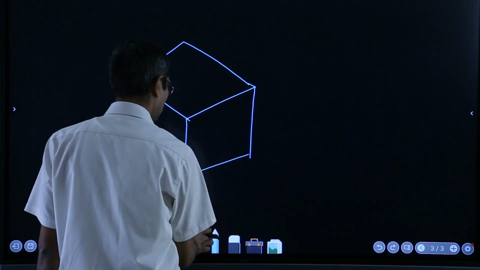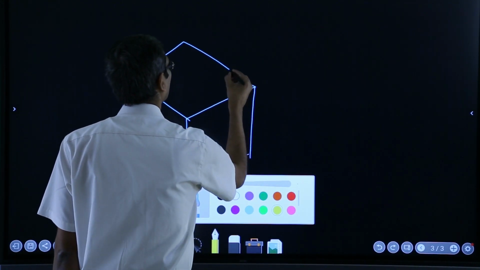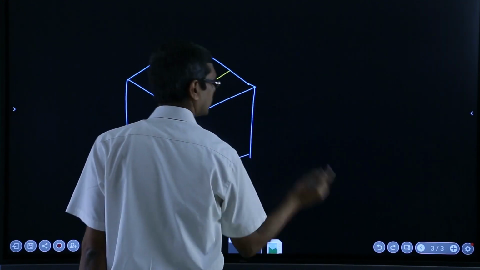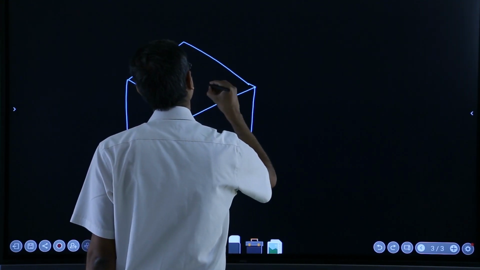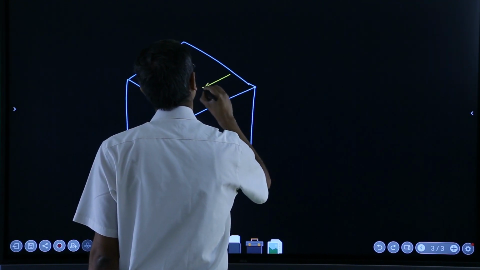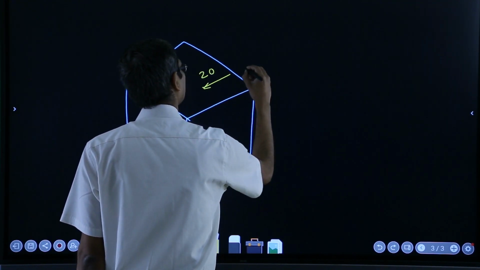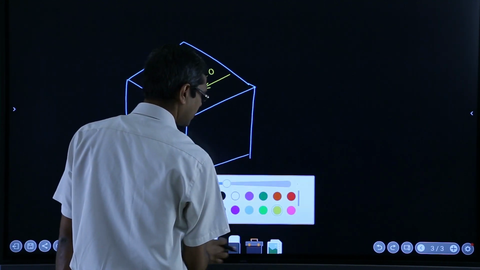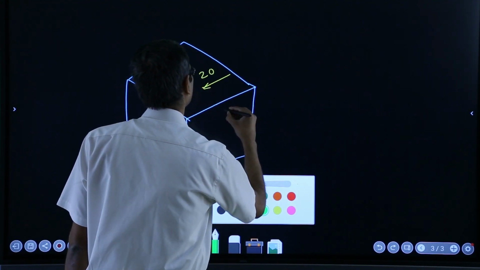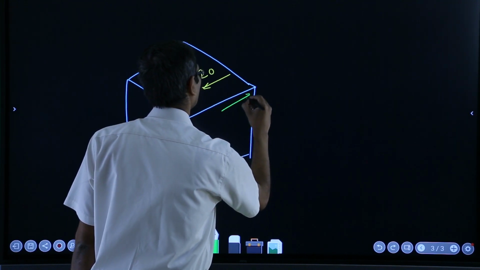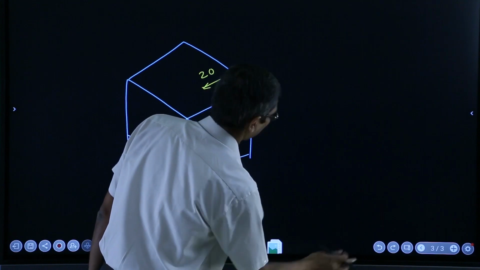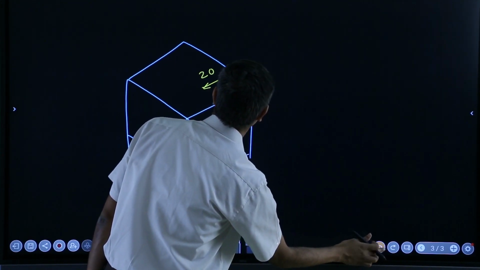So I'll draw this yellow one at a distance of, bad drawing, 20 Newton at a distance of 5 units, and a green one in this direction, 20 Newton, but a distance of this again is bad.